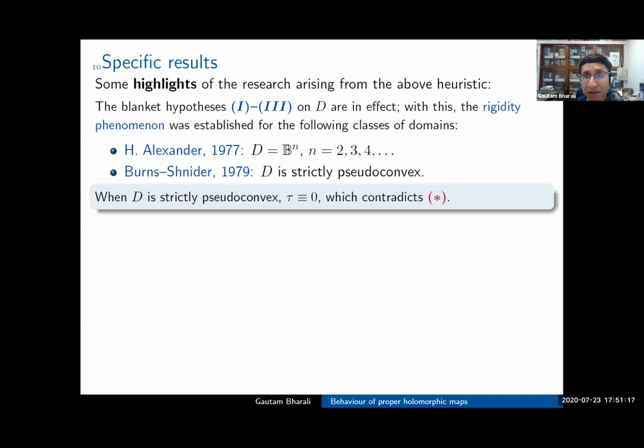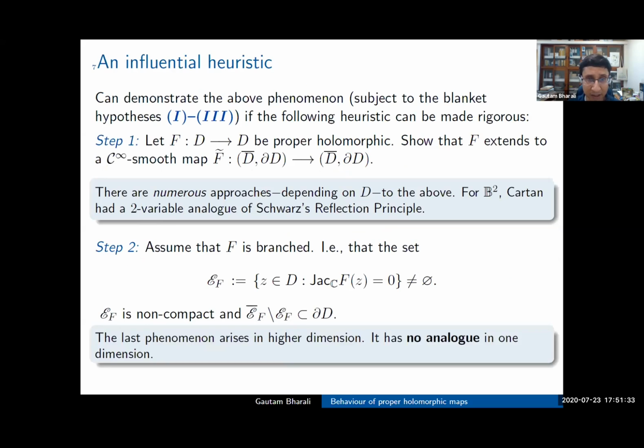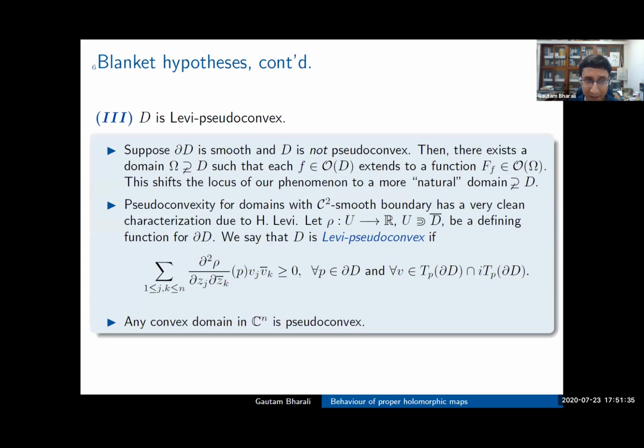So what do I mean by strict pseudoconvexity? What I mean is that the Levi form is not just positive semi-definite, but strictly positive definite at each boundary point. Okay, so let's remind ourselves. The Levi form is a certain quadratic form.